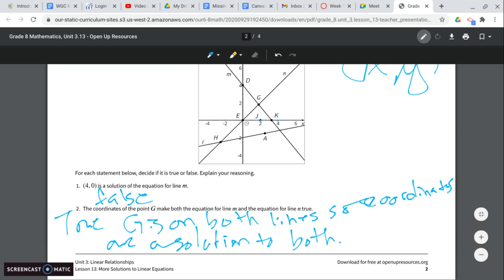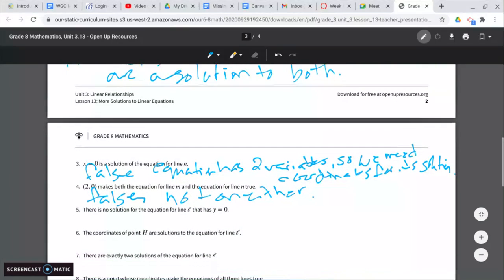Remember, when y equals 0, that's when we have our x-intercept. So currently, we don't have a solution where y equals 0. But if we extended this out, because obviously this is a very small view of these lines, eventually this line is going to cross the x-axis and it is going to have a solution.